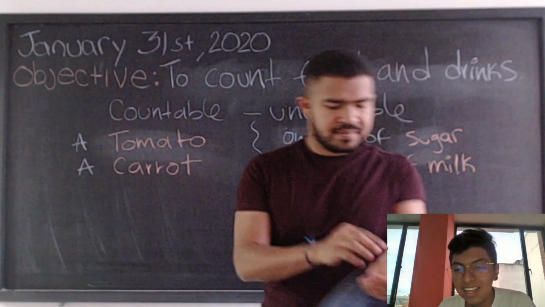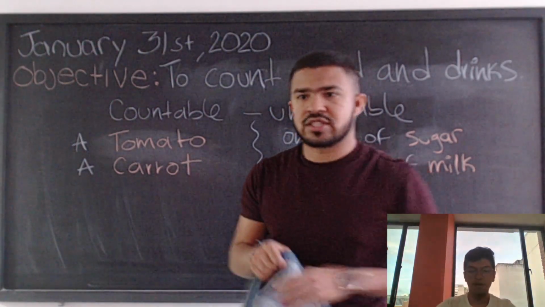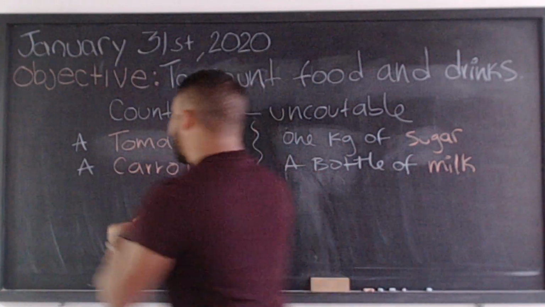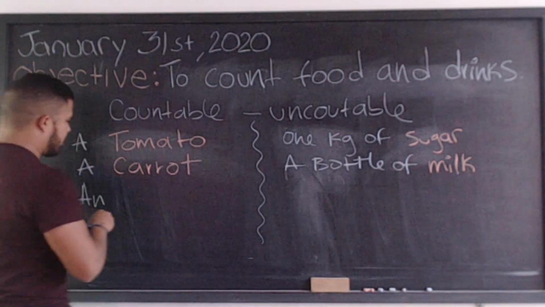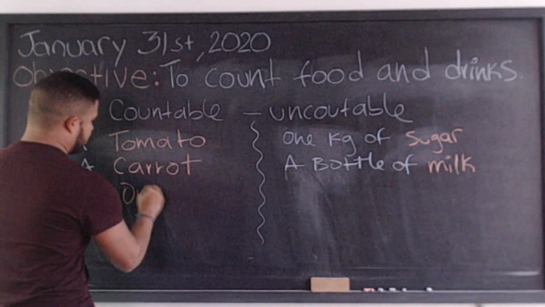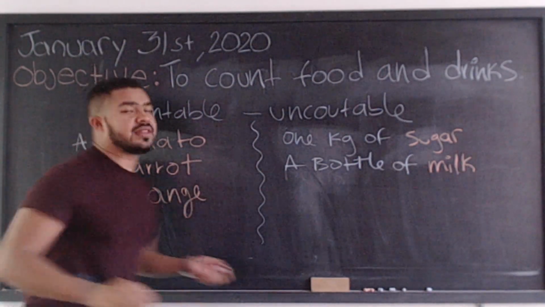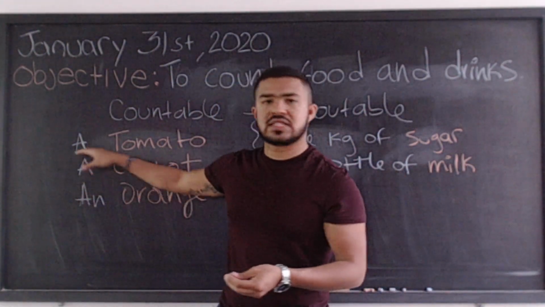Okay. Natalia has an example. Orange. Orange, very good. So orange is a countable noun. So we can say an orange. Remember that I think the first two classes were about these articles.